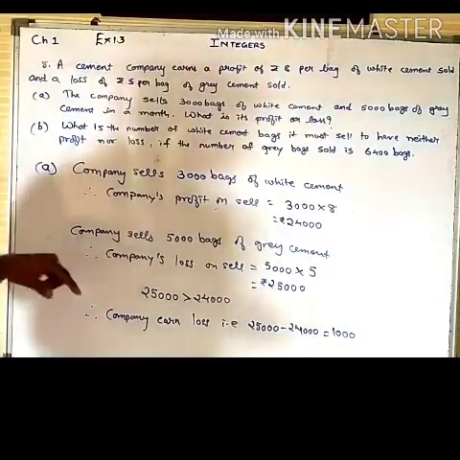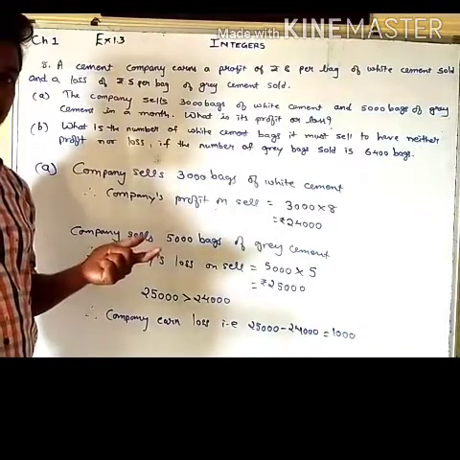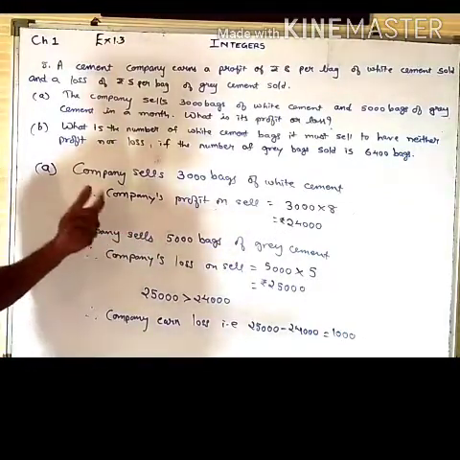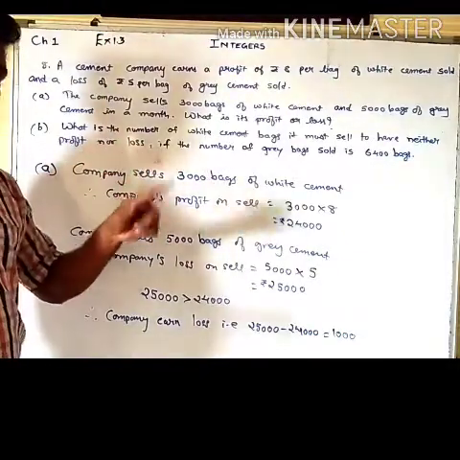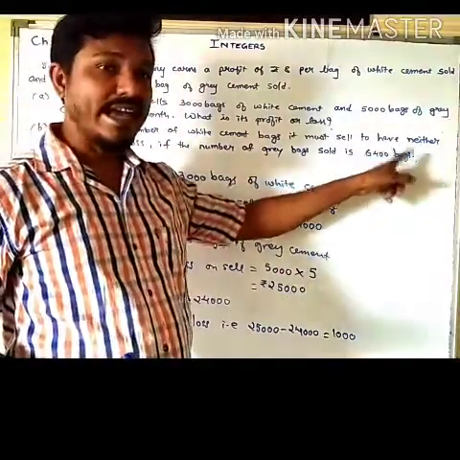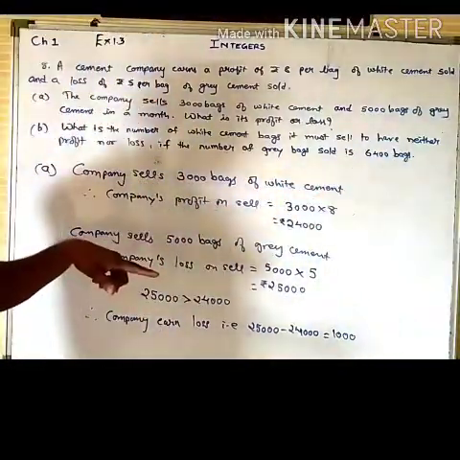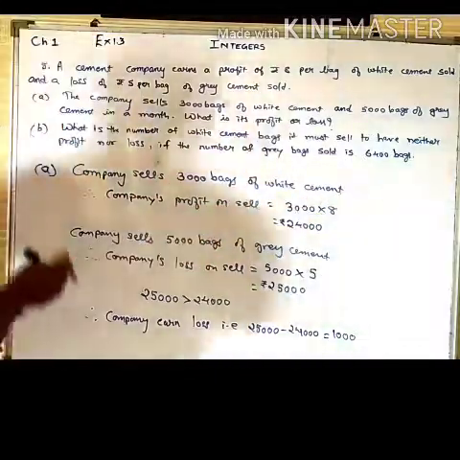Now we just need to find the number of white cement bags, but that number is not given. So you need to find the number of white cement bags so that there is neither profit nor loss, meaning the profit should equal the loss amount. So how to do so? Let us see.